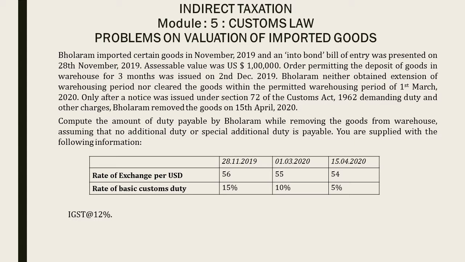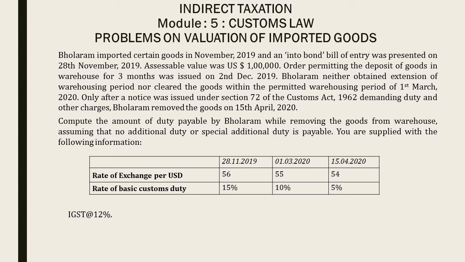Only after a notice was issued under section 72 of the Customs Act, 1962 demanding duty and other charges did Bolaram remove the goods, on 15th April 2020, by paying the demanded duty and other charges. So, what are they asking you to find out?